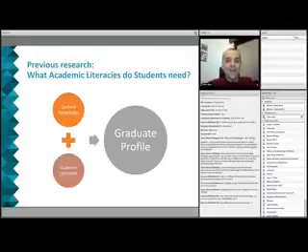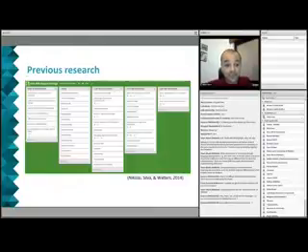So we started looking at the graduate profile in a different manner, saying, yes, students do need this discipline-based knowledge, but in order to achieve it, and because we've seen that academic literacies are the base that supports the development of content knowledge, what are the academic literacies skills that students need?